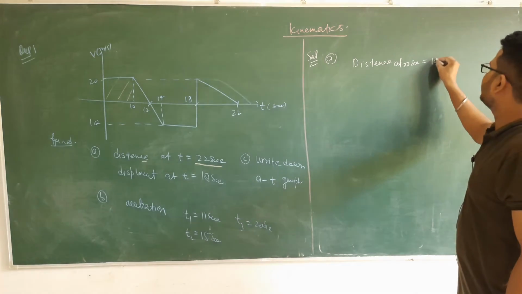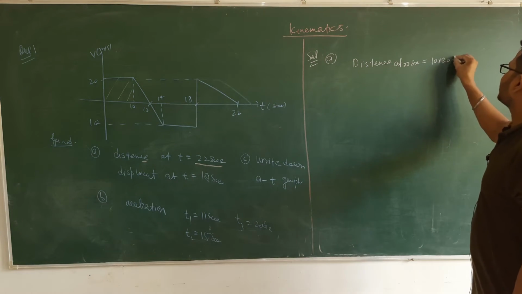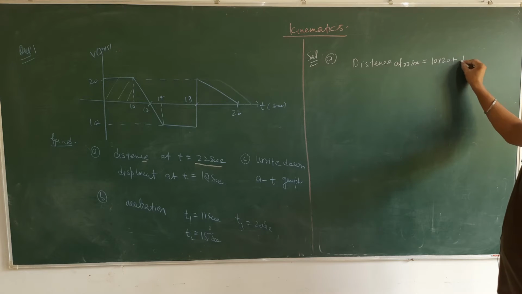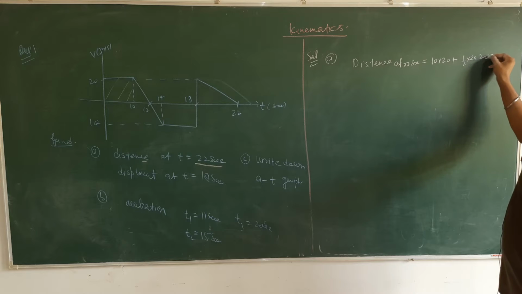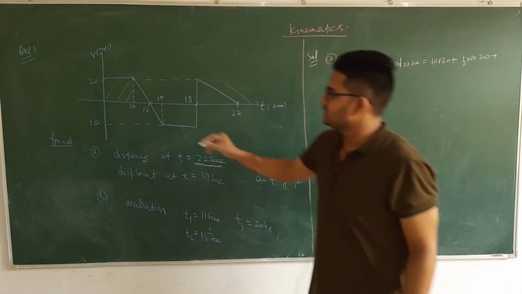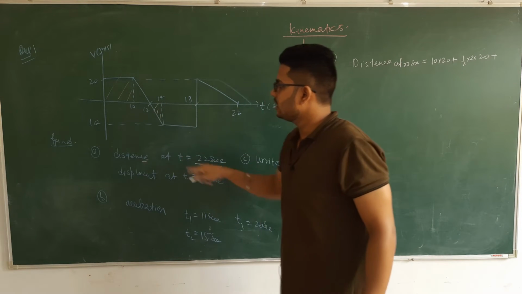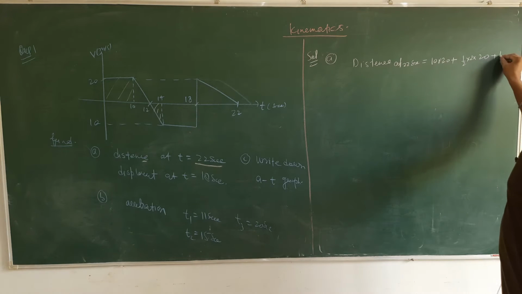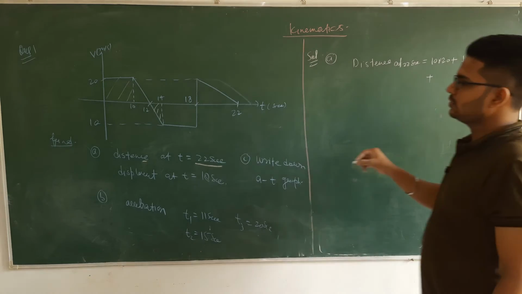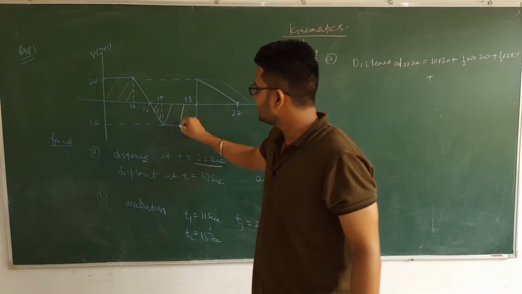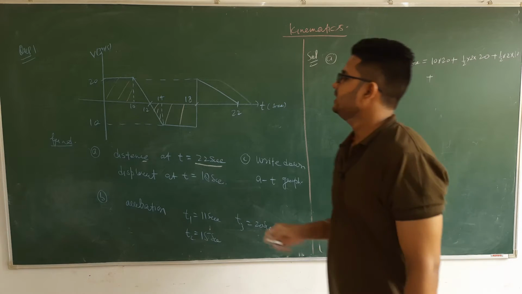Area is 10 into 20 plus half into 2 into 20 plus, for this one, half into 2 into 10 plus, for this one, what is the length?